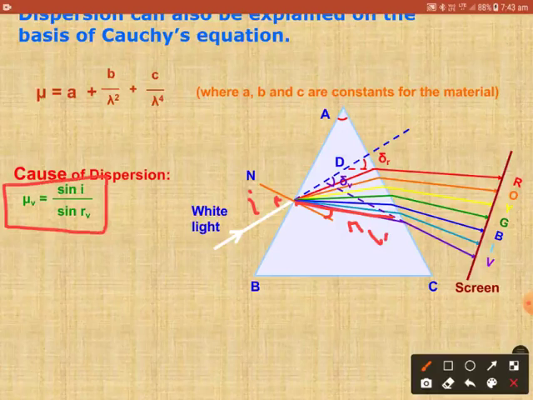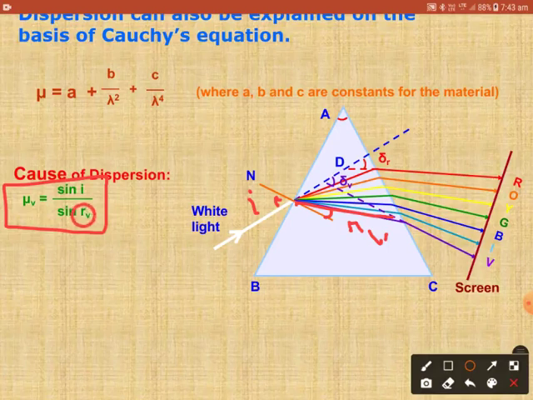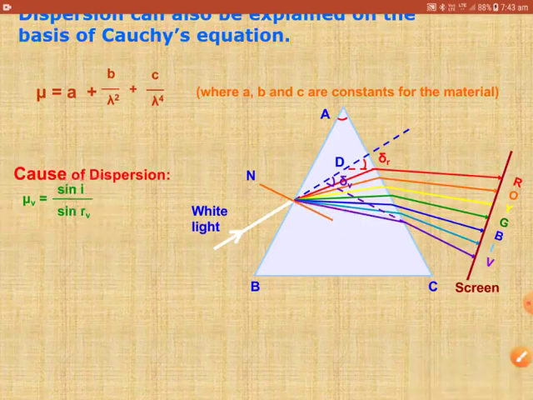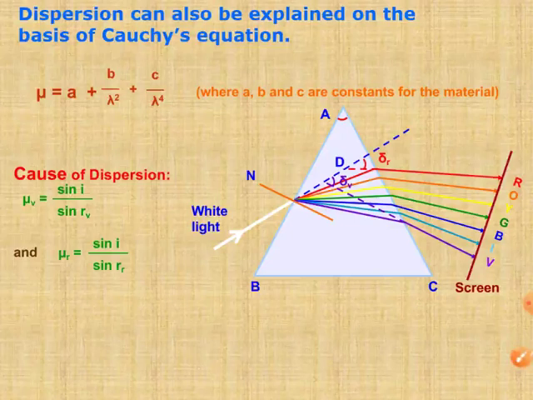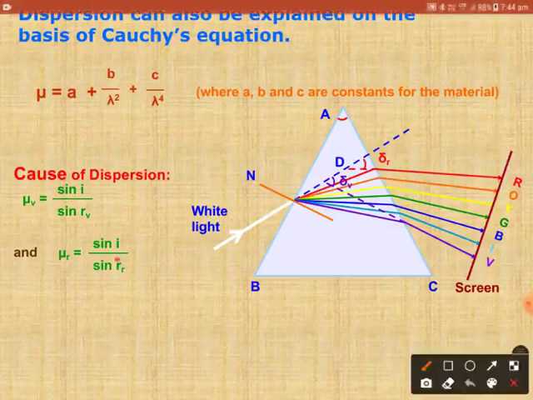For a particular violet ray, rv will be as written here, but this i will be constant. For red light, it will also be sine i by sine rr. rr means the angle of refraction for red light.